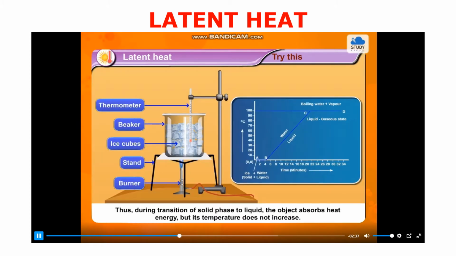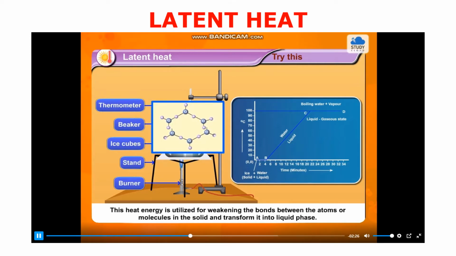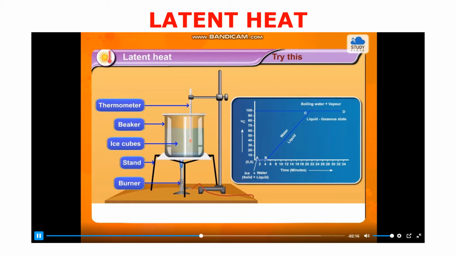Thus, during transition of solid phase to liquid, the object absorbs heat energy, but its temperature does not increase. This heat energy is utilized for weakening the bonds between the atoms or molecules in the solid and transform it into liquid phase.